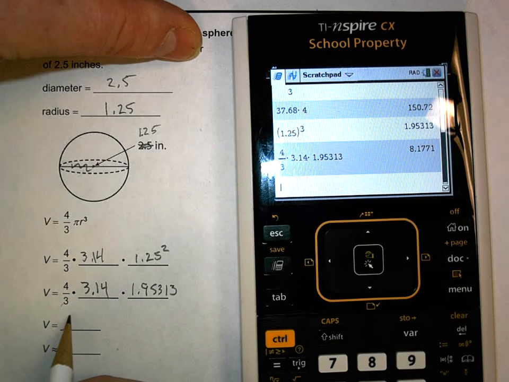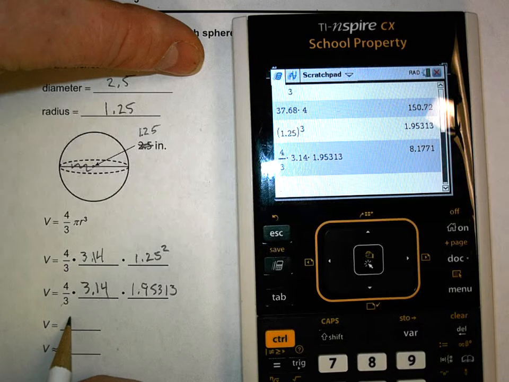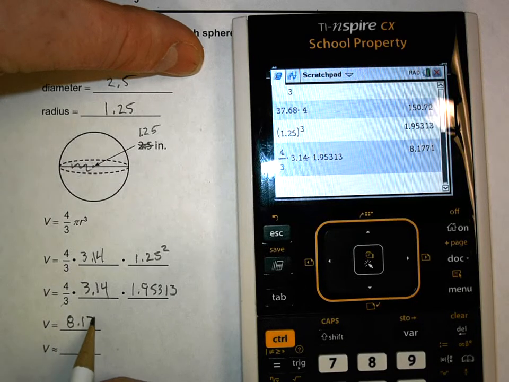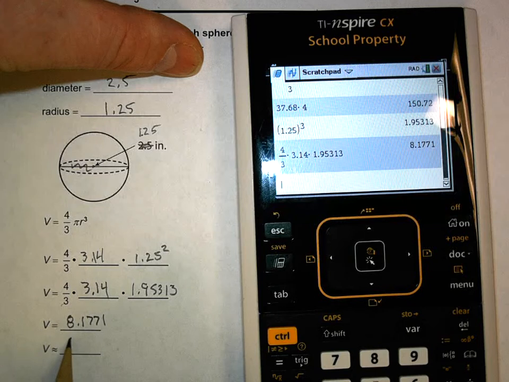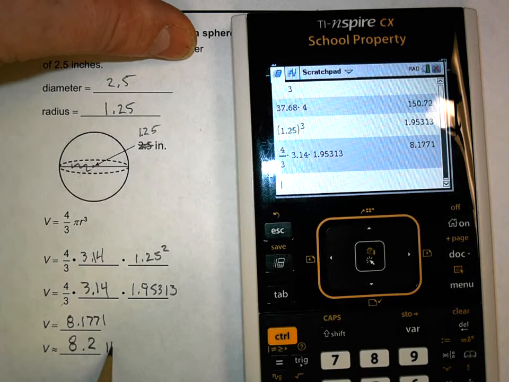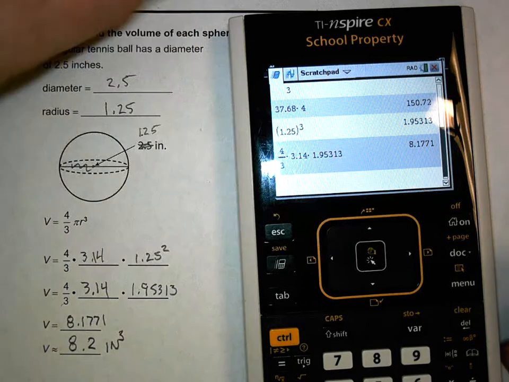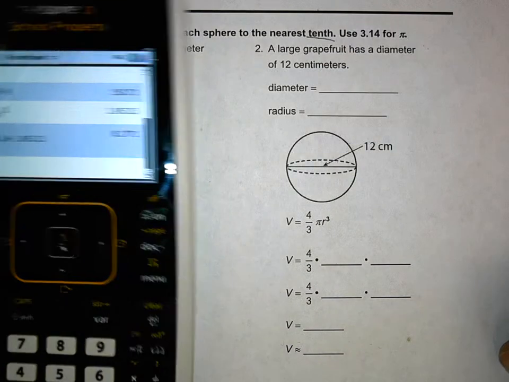I get 8.1771. To the nearest tenth, the digit after the 1 is 5 or greater. It's 7, so it's going to make that one get bigger. So 8.2 inches cubed.